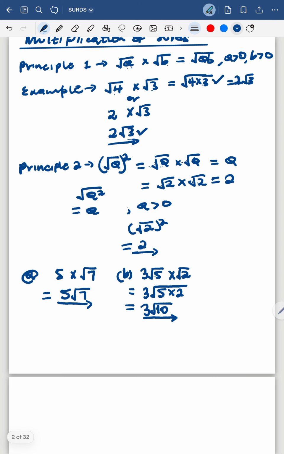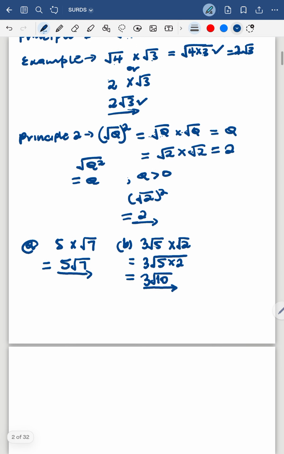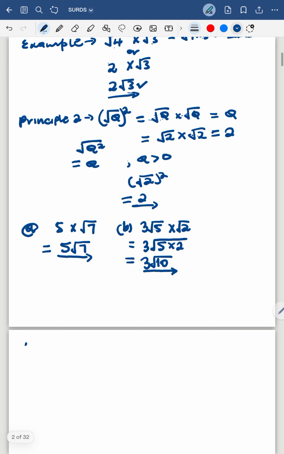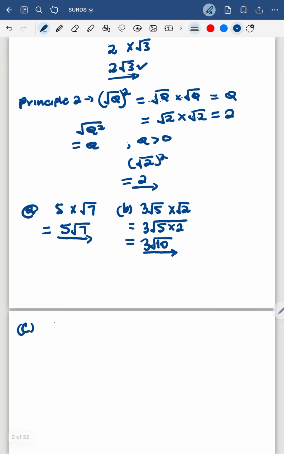So if we can have again another one, C, then we have root 3, then all squared. Then what does it mean to you? It means that the square root was removed. So if we expand this, it's going to be like this.